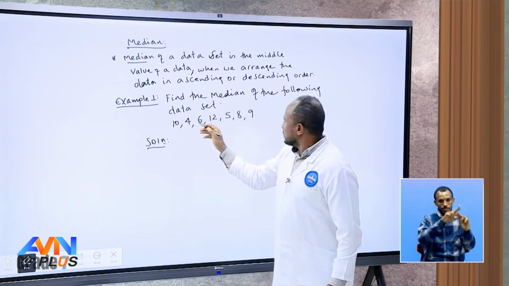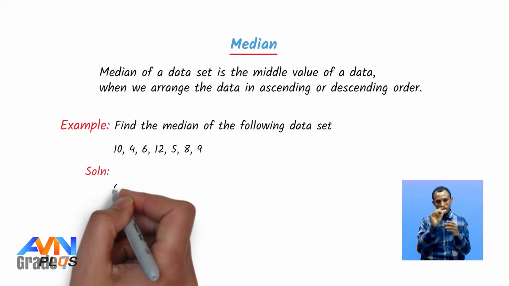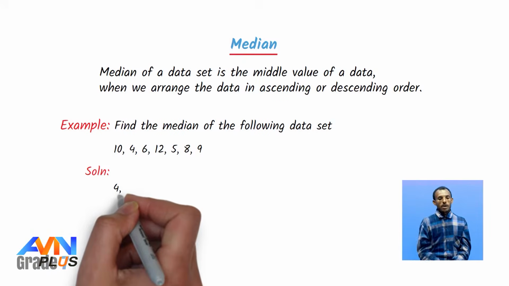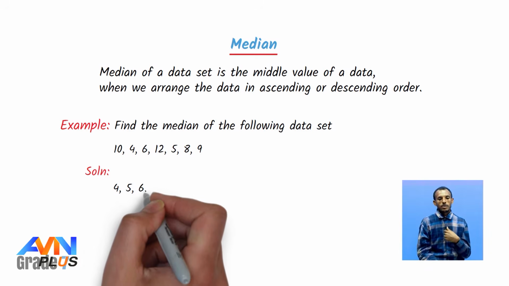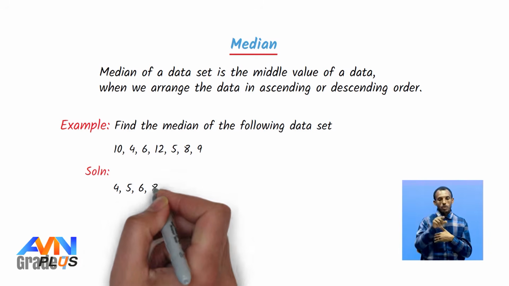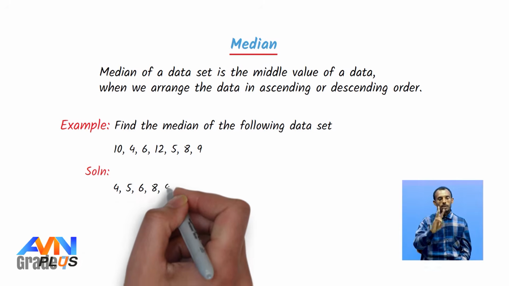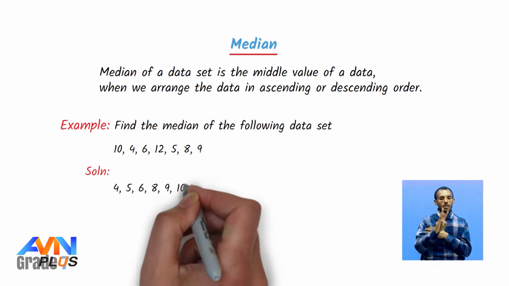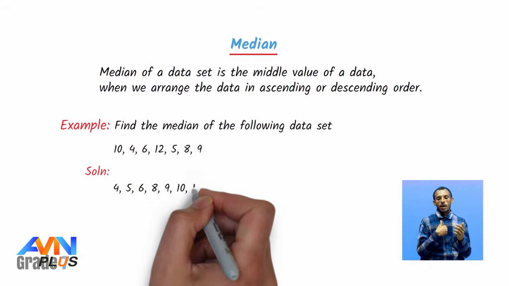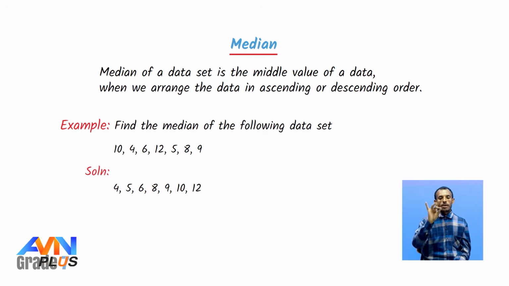The smallest of these numbers is 4. Next to 4, you have 5. Next to 5, we have 6. Next to 6, we have 8. Next to 8, we have 9. Next to 9, we have 10.